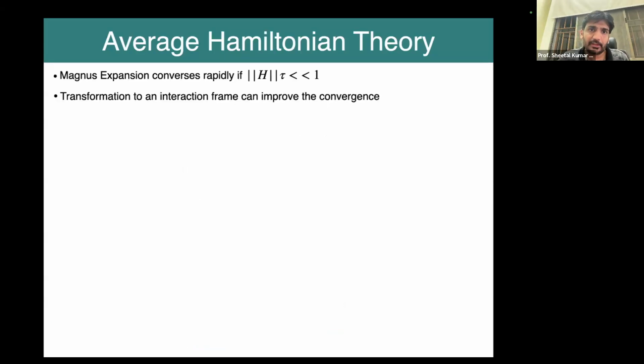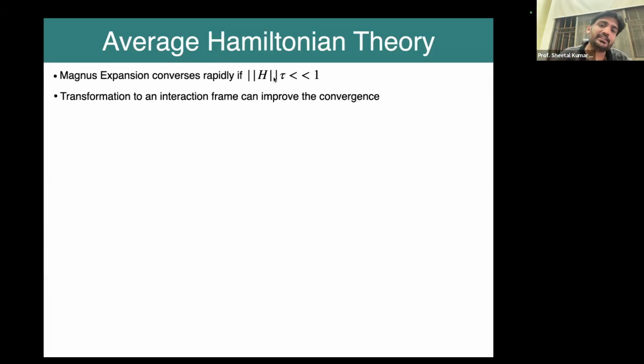The Magnus expansion turns out to converge rapidly if this norm times time tau is a small quantity. To achieve this, if one can take very small time steps so that this quantity becomes very small, then one can do numerical simulations considering the Hamiltonian constant for a very small amount of time.